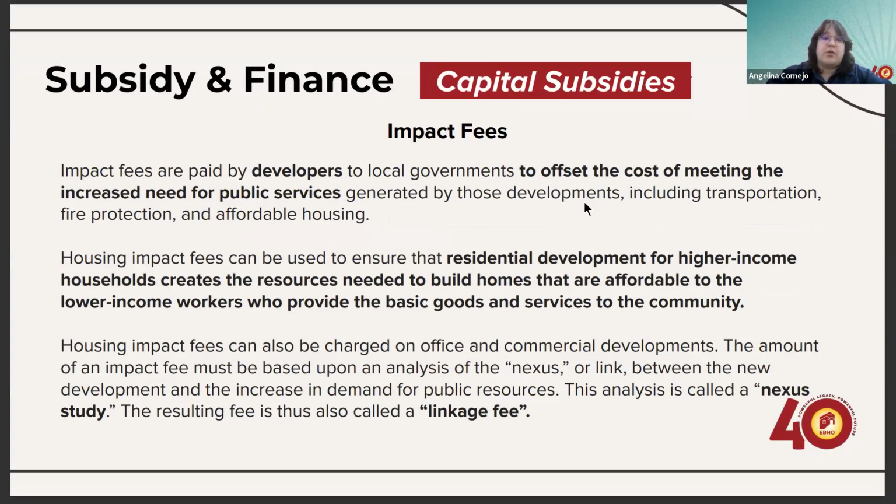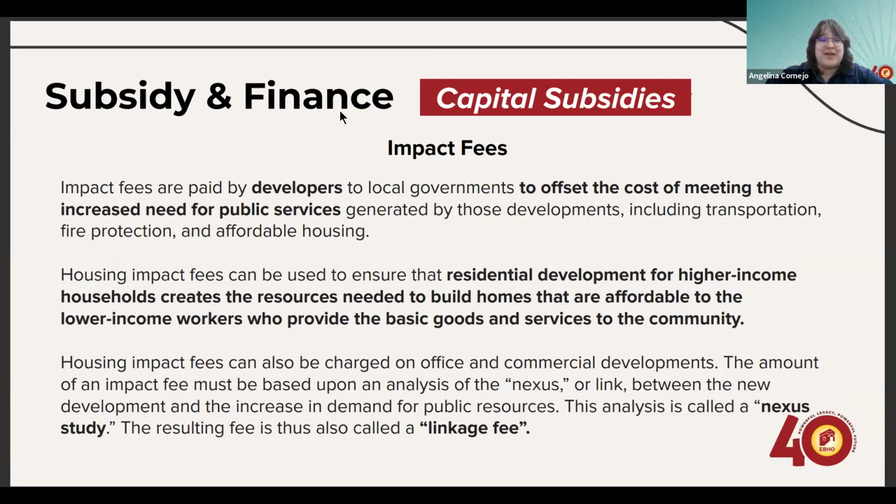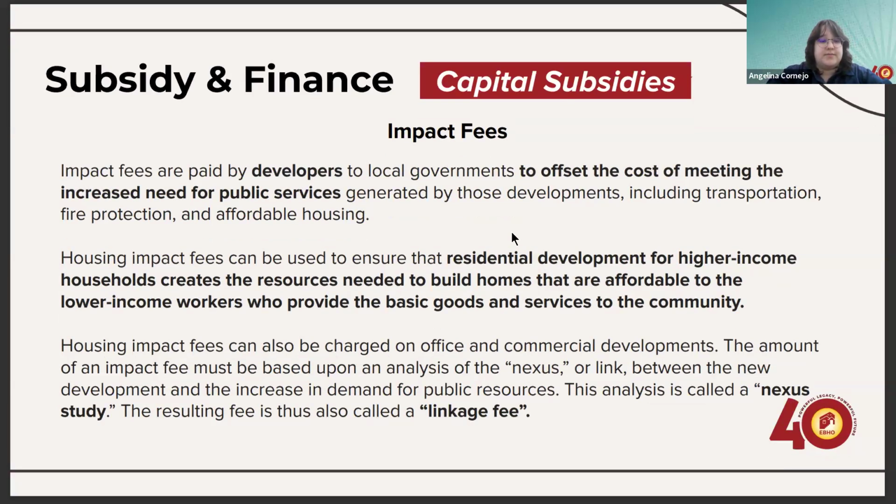So when a market rate building goes up, like a high rise downtown, the developer would pay an impact fee, and what we always advocate for is for those fees to go to the Affordable Housing Trust Fund, so that nonprofit developers can build housing to meet the need of people who are low income. Another example of this is commercial developments.